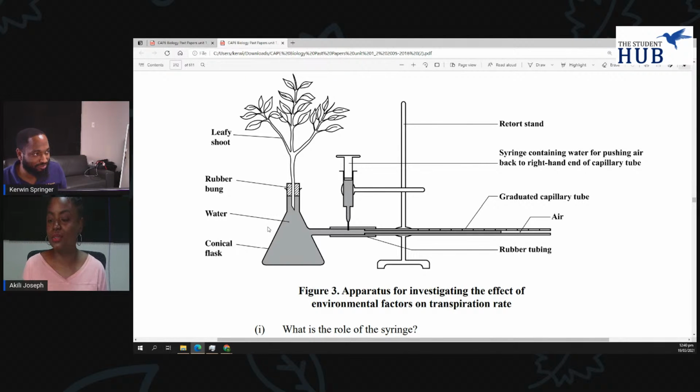Okay, so yeah, that's part of the things that we do in classes at the student hub, is that we're right now in the Cape Bio classes, we're doing past papers, and while we're doing one question, I'm usually asking connecting questions. So how else can we use this apparatus, so that you get more knowledge, so that if questions come like this, testing something but in a different way, you'll be prepared, right?